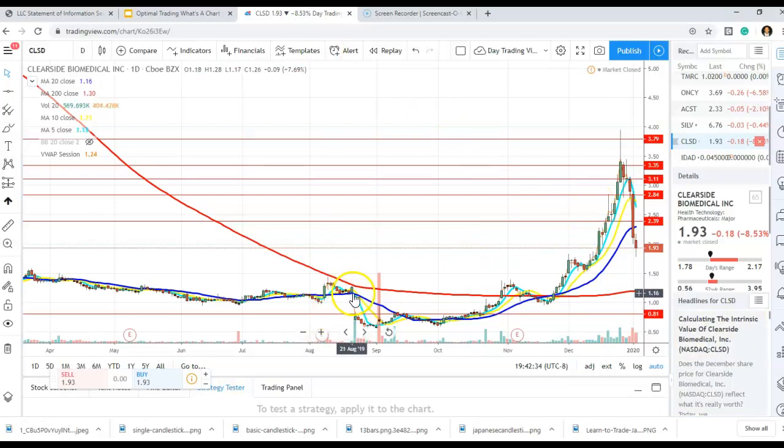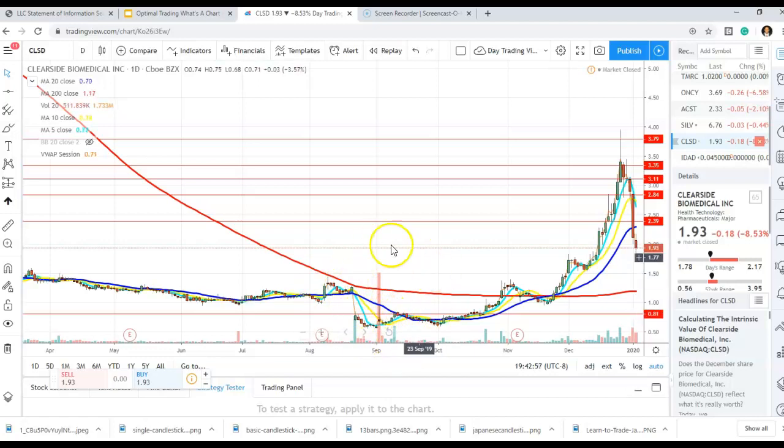See how price closed here? On August 21st, 2019, and then the next day on August 22nd, it gapped down. That means that pre-market and post-market, people sold off like crazy because they found out that something wasn't going right in the stock, and they didn't want to lose any more money.